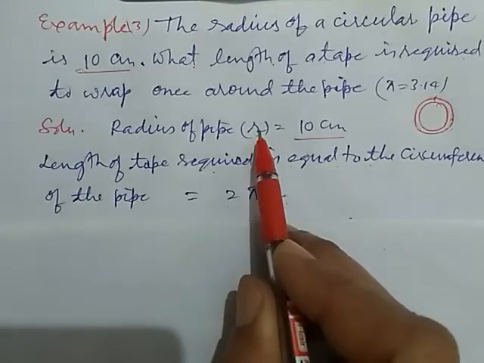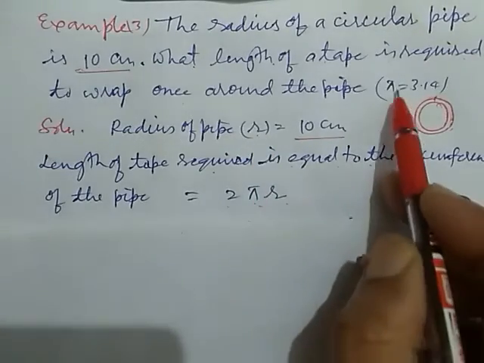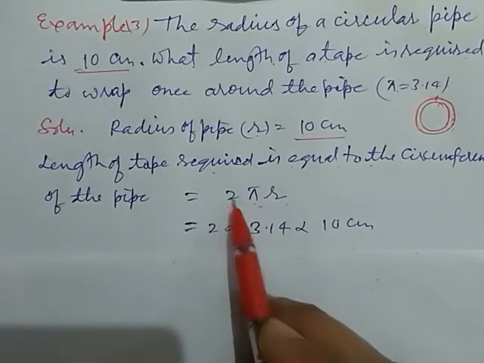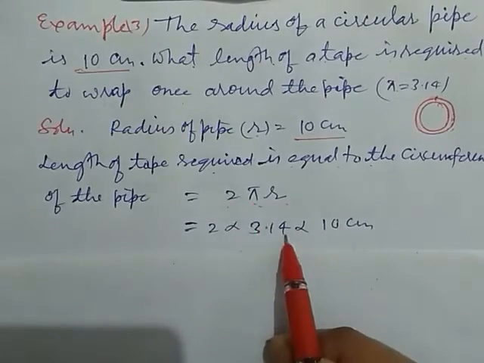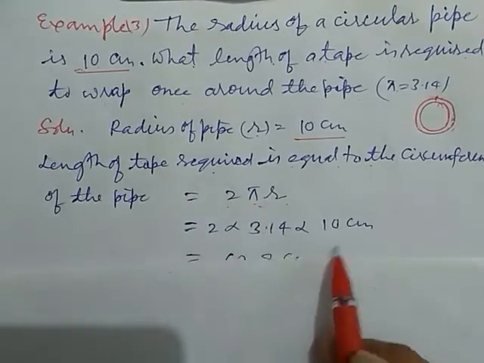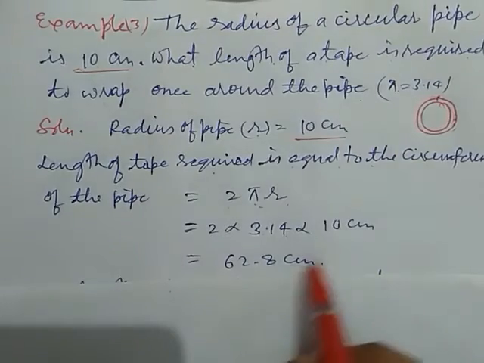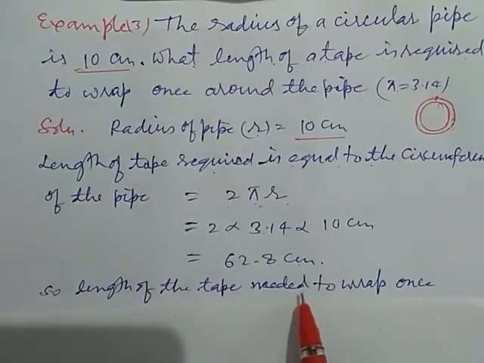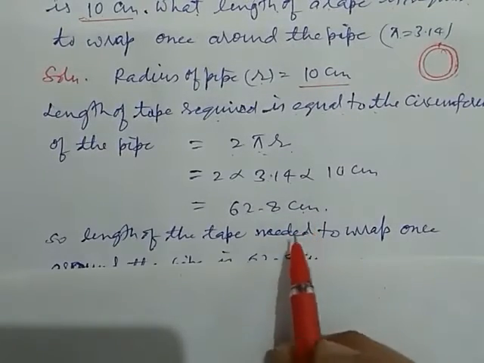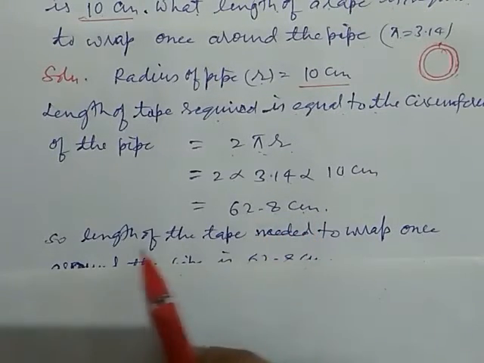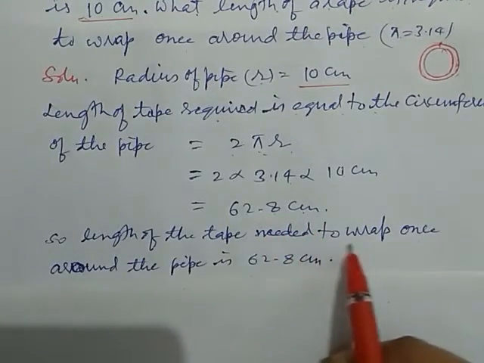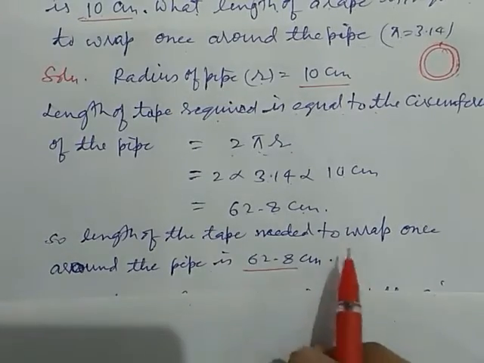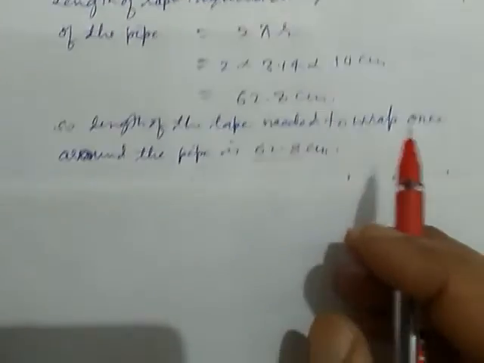The value of pi is 3.14, so 2 into 3.14 into 10 centimeter. Multiplying all, we get 62.8 centimeter. So the length of the tape needed to wrap once around the pipe is 62.8 centimeter.